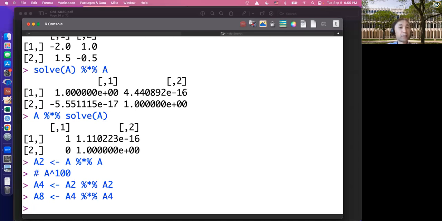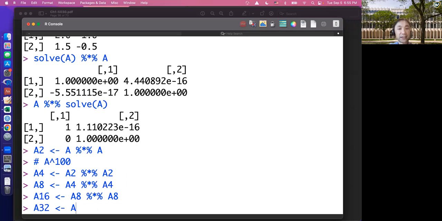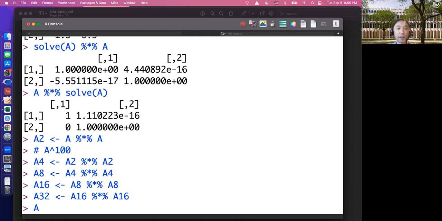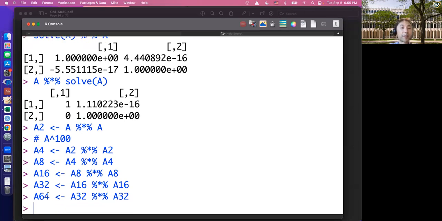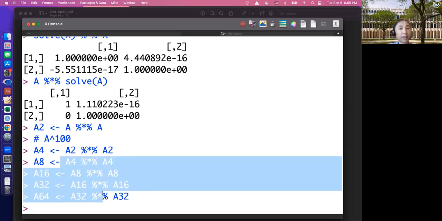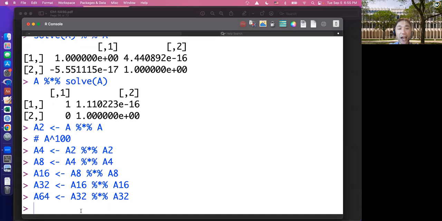For example, if we want to calculate A to the 100, this is one good mathematics quiz. As long as you calculate the product of products in this way, you can calculate A to the power 100 faster. A to the power 64 can be calculated by just calculating the matrix product 6 times, not 63 times.